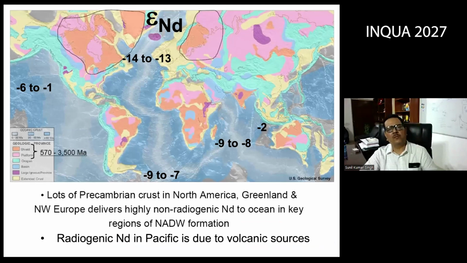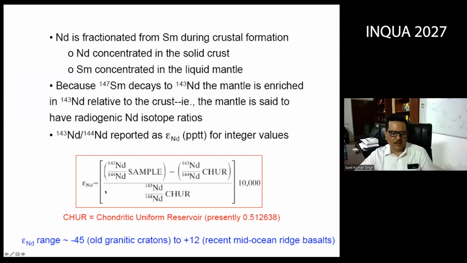The neodymium isotopic composition of seawater is controlled by the source from where the neodymium is coming. Epsilon neodymium, as I explained in the earlier slide, is defined by the sample 143/144 minus 143/144 of the chondritic uniform reservoir.